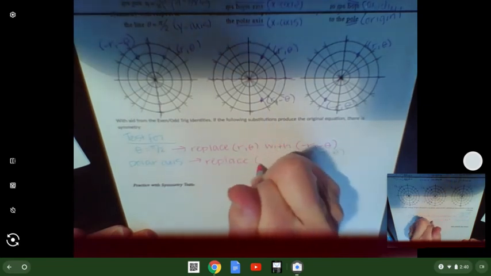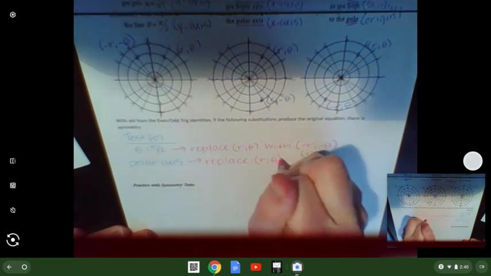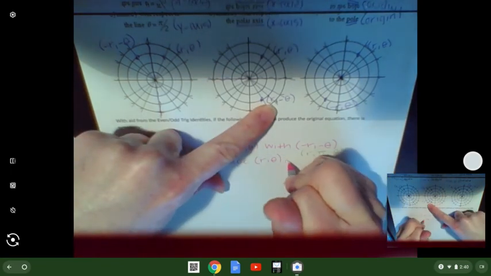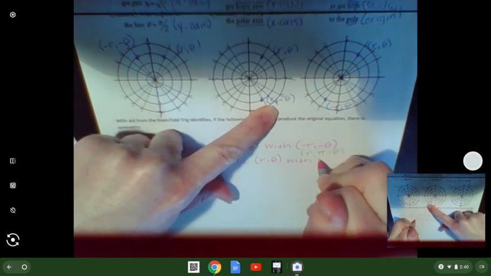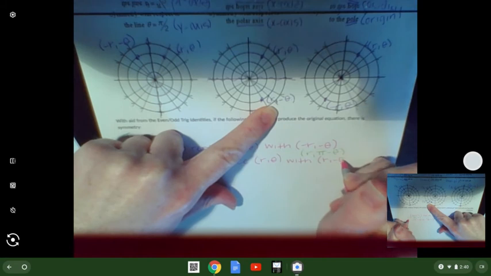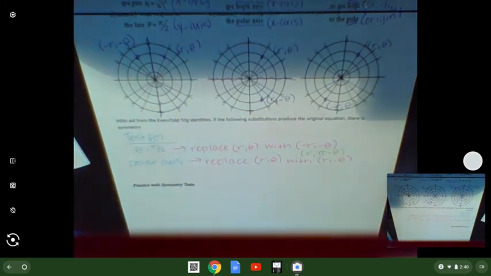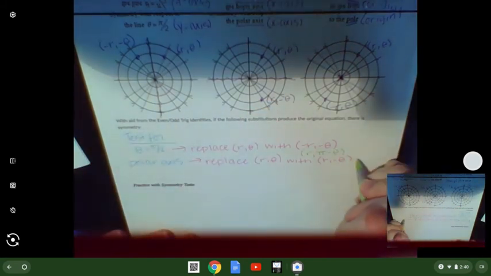Probably guessed what we're going to replace it with. We are going to replace r theta with r negative theta. Now, again, if you want to get really crazy and you want to try a second variation of the test, I am not going to go through it.